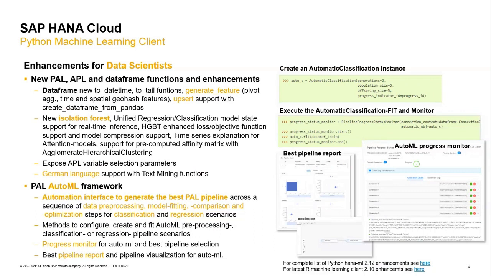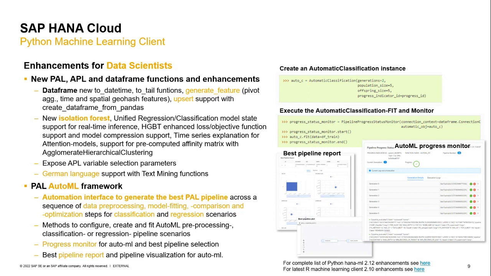Our Python machine learning client has a series of enhancements again in the area of data frames. They're listed here, but you can also inspect them in the documentation, like feature generation, added upsert within the process of data frame creation, adoption of new parameters in the PAL algorithms, and new algorithms like isolation forest, which was introduced in Q4 in the HANA Cloud release for the Predictive Analysis Library.